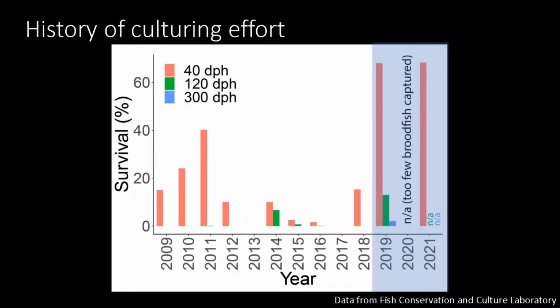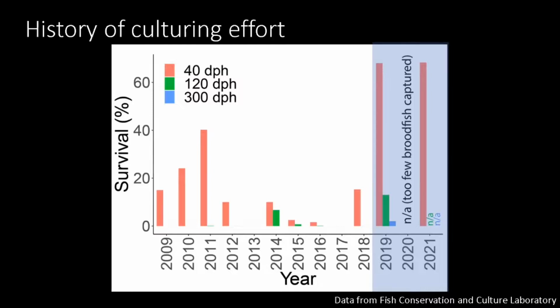And what's apparent from this is that the survival in 2019 to all 3 ages was higher compared to the previous years, and most importantly, you can actually see the bar for 300 days post-hatch. So there were, at least relative to the previous years, quite a few fish that survived to what is essentially adulthood. Now, 2020 was a poor year for brood fish capturing.